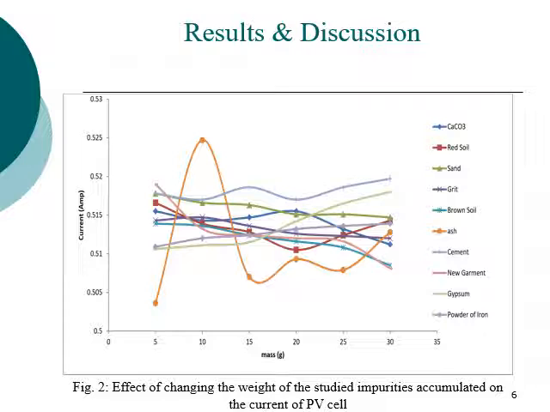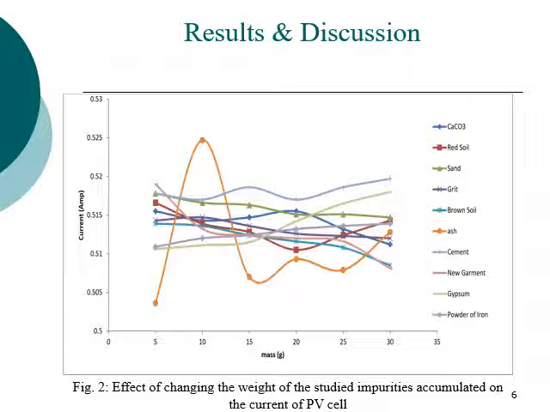Okay. So here we try to pick different types of dust in different locations to see the effect. As an example, we have CaCO3, we have red soil, we have sand, we have dirt, we have brown soil, ash, cement, and powder of iron. Actually, why these?